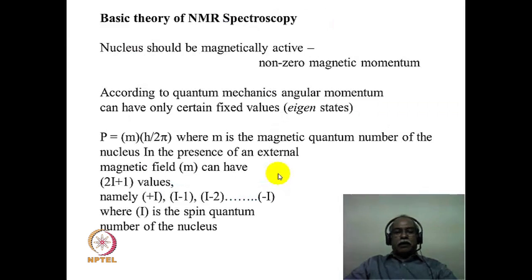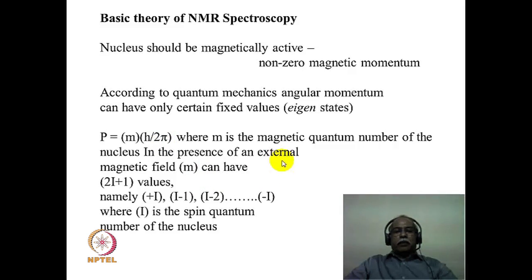Now we'll deal with the very basic theory, a non-mathematical way of describing the theory of NMR spectroscopy. The nucleus should have a non-zero magnetic moment. In other words, it should be magnetically active, first of all, for the experiment to be considered for NMR spectroscopy. According to quantum chemistry, angular momentum can have only certain fixed values, which are given by P equal to m times h by 2 pi, where m is the magnetic quantum number of the nucleus.